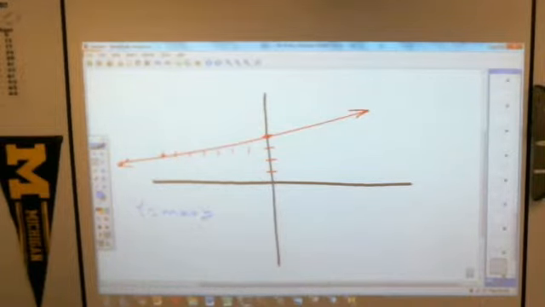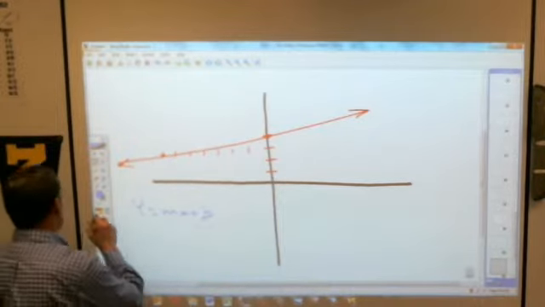What do we have for an equation for that one? What is my linear equation? Anybody? Pretty close. Let's go with Leighton.